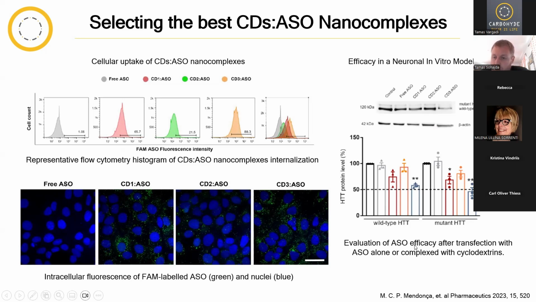Of course, we were also tracking the protein levels in different in vitro models, to quantify the transfection efficiency. And as you can see, the structure of the cyclodextrin itself, even though these compounds are chemically rather similar, has a huge impact.